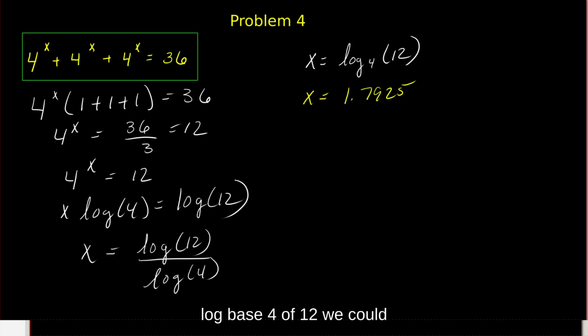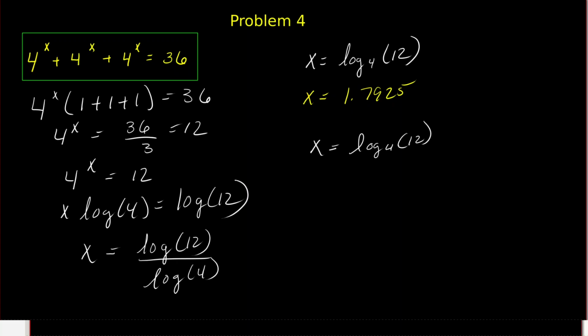All right, we could also do something like this. So X is equal to, we said log base 4 of 12. Well, that will be equal to log base 4 of 4 times 3.